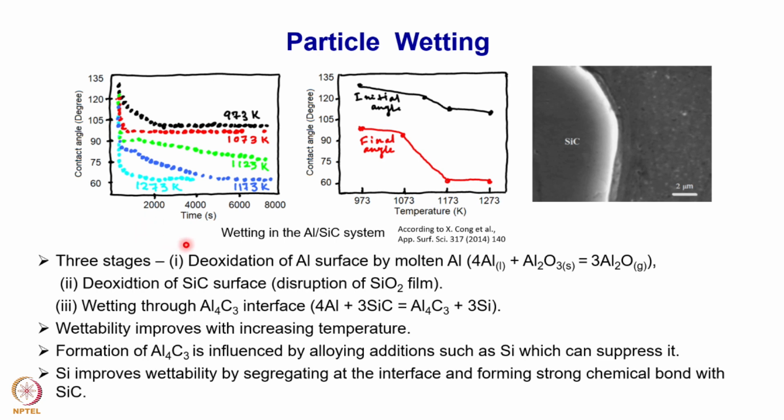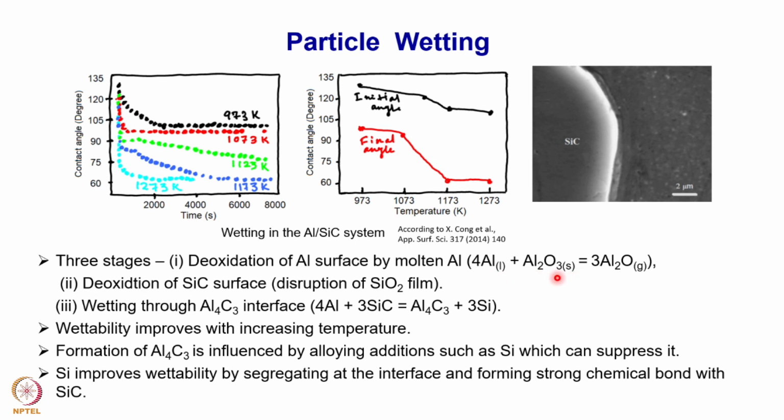So when you talk about wetting of a solid surface by the molten aluminium, there are basically three stages of this whole process as to how the solid surface is wetted by the liquid and leads to a bonding. Okay. So these are the three stages of that. First, deoxidation of the aluminium surface by molten aluminium, which is something like this.